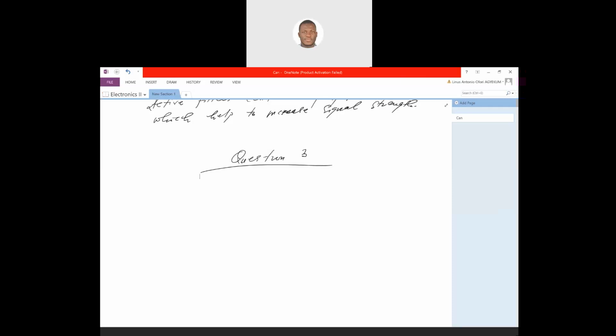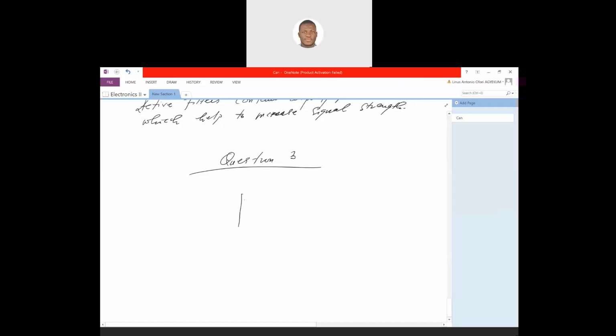When you read from your lecture notes, it says that an operational amplifier is basically a three-terminal device consisting of two high impedance inputs, the inverting and non-inverting input, and an output. A typical op-amp symbol is shown like this.